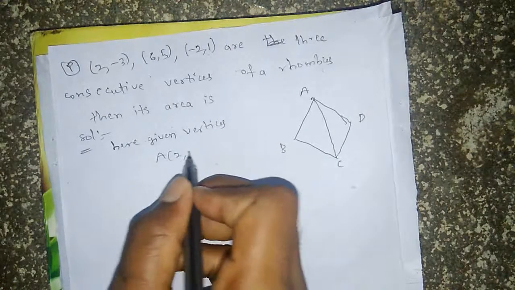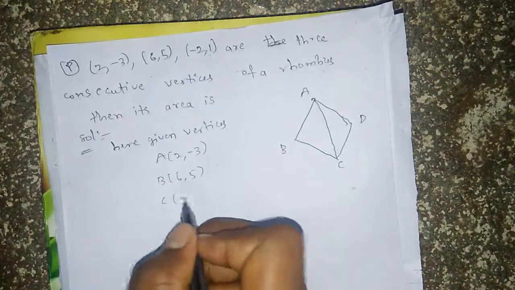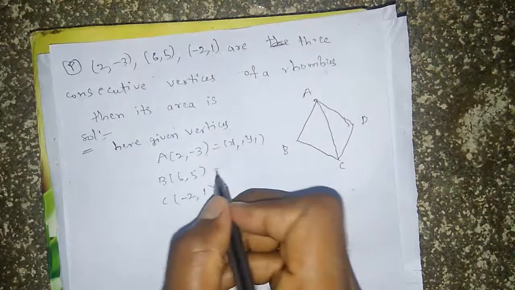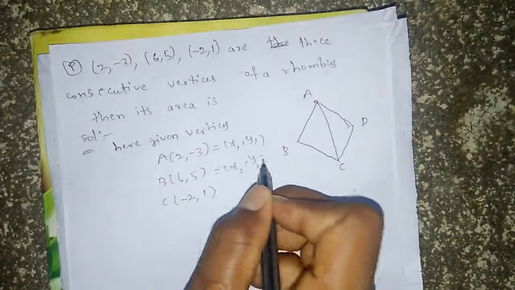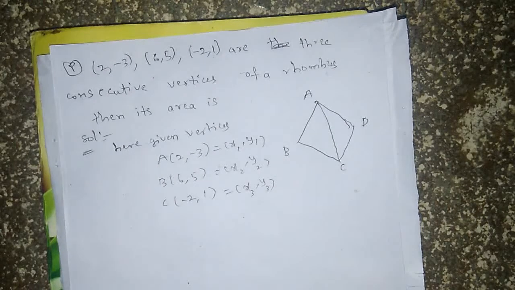Let A is 2 comma minus 3, B is 6 comma 5, C is minus 2 comma 1. Let this be x1 comma y1, x2 comma y2, x3 comma y3. Here triangle ABC and ADC are congruent triangles.